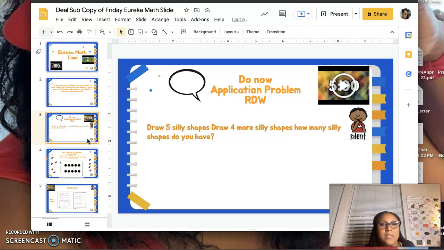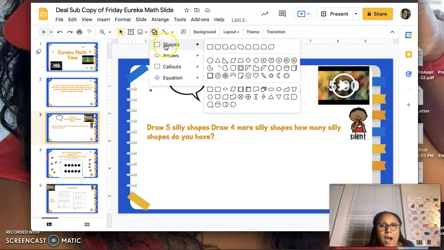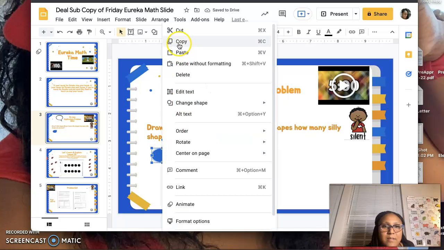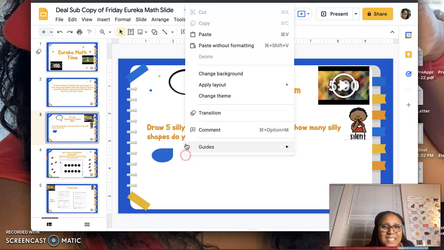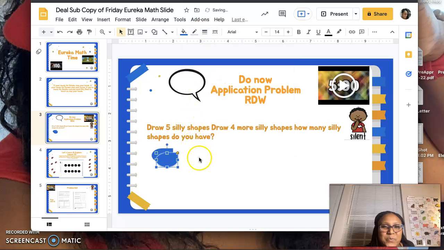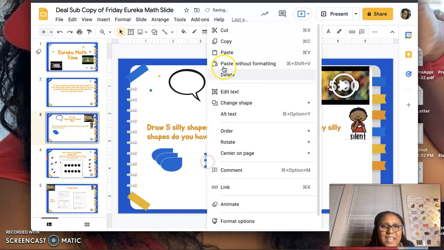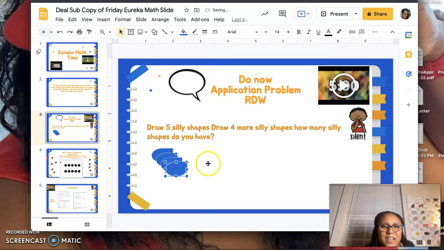All right, so Miss Deal is going to start drawing her silly shapes. And see, I have my screen so I can draw my silly shapes. So I'm drawing 5. 1, I get to cheat. 2, 3, 4, and 5.